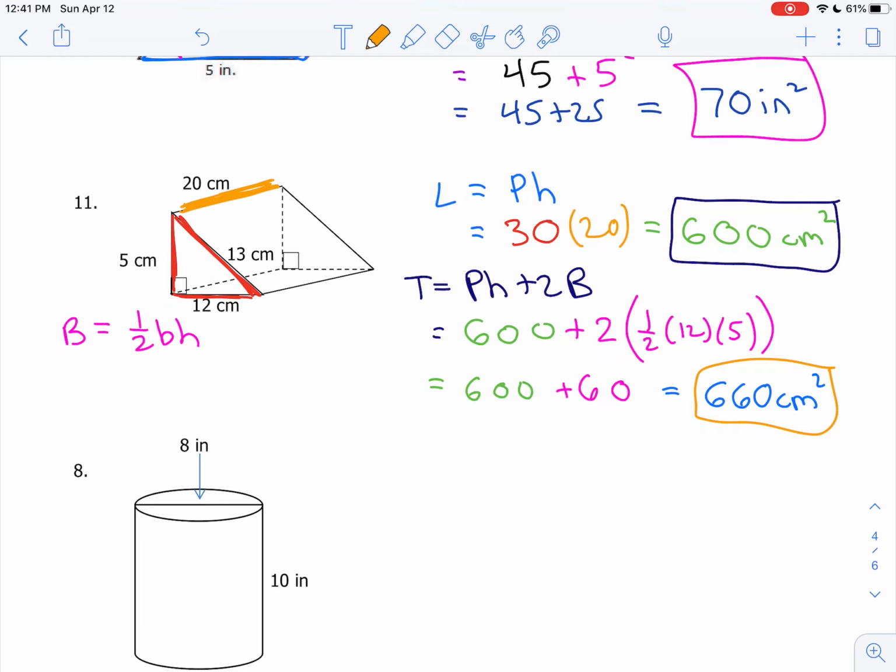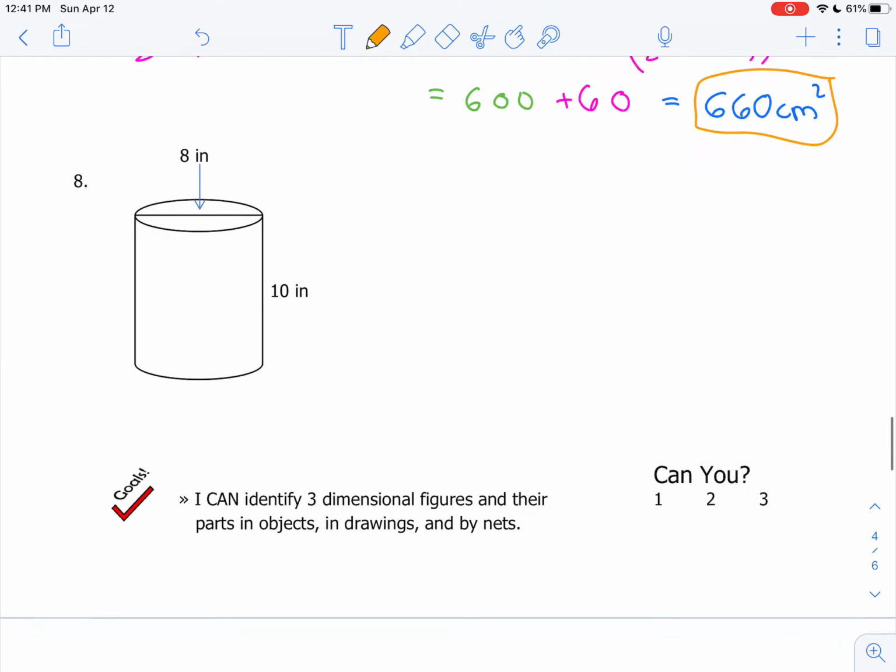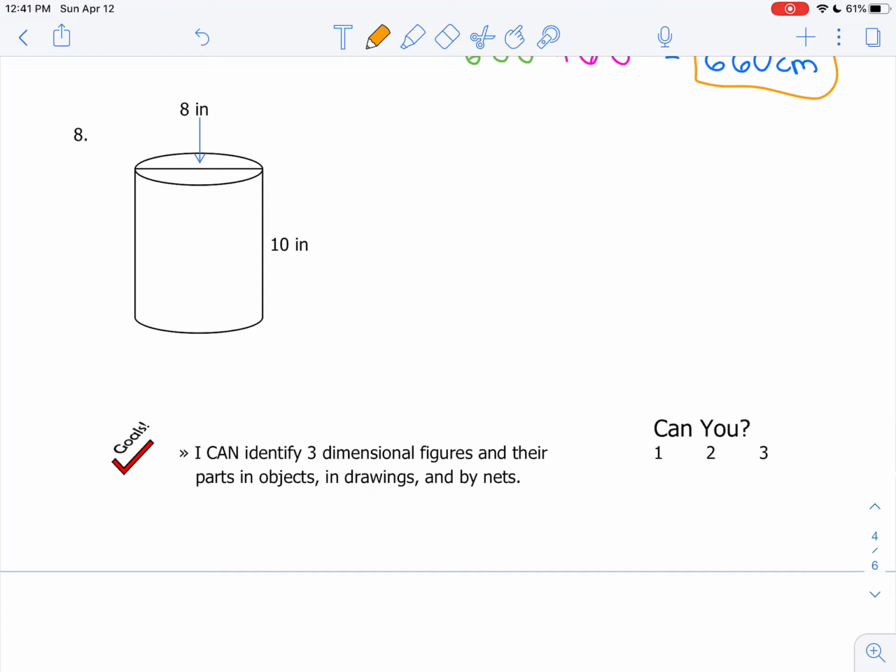Let's finish with the cylinder. On your formula sheet, the lateral area, and remember the lateral area is just this part right here, is 2 pi RH. They didn't give me the radius, but we're smart enough to figure out that it's 4.